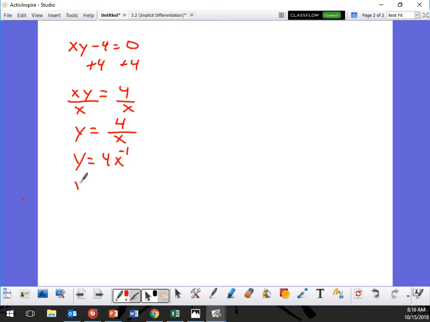It's going to be y prime equals negative 4 x to the negative 2. Let's go ahead and bring that back down. So y is equal to negative 4 over x squared.